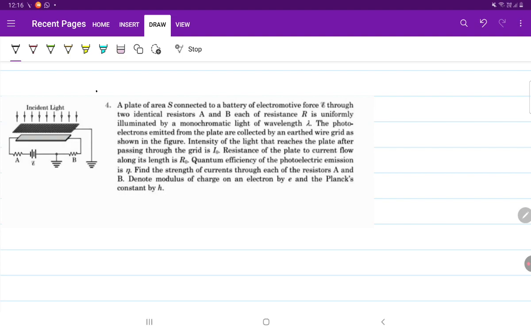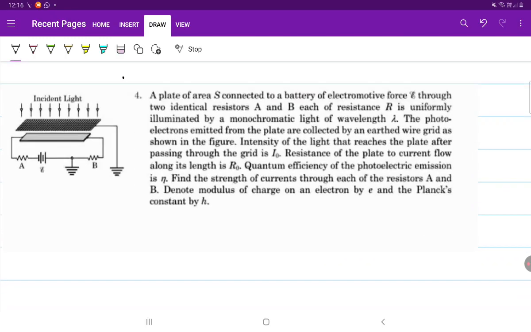The intensity of the light that reaches the plate after passing through the grid is I naught. Resistance of the plate to flow current along its length is given as R naught. Quantum efficiency of the photoelectric emission is given as eta. You have to find the current strength through each of the resistors A and B, and denote the modulus of charge on electron as E.